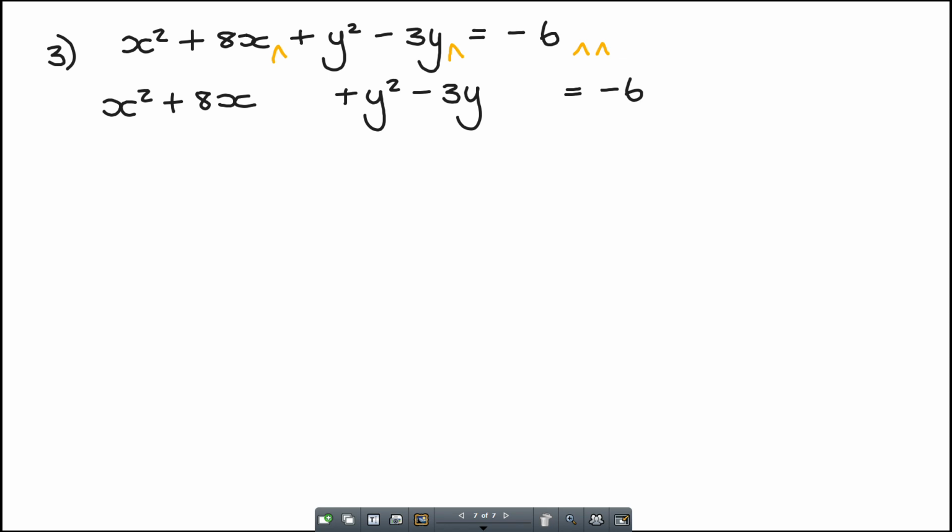In any case, when we square it, it's going to fall away.